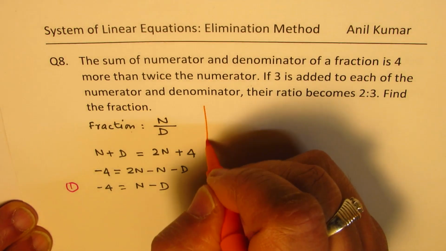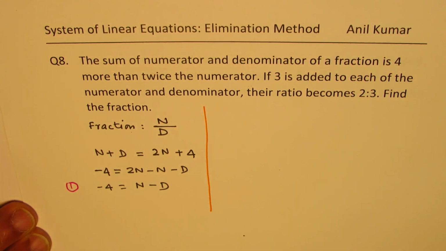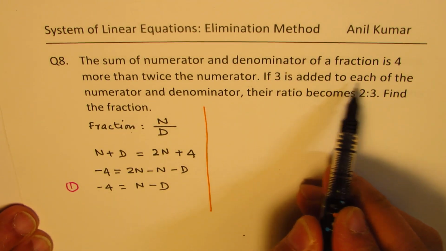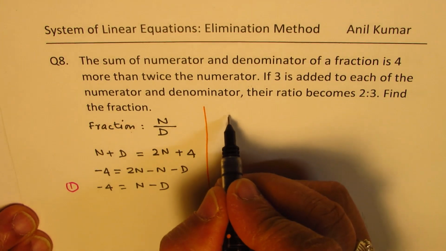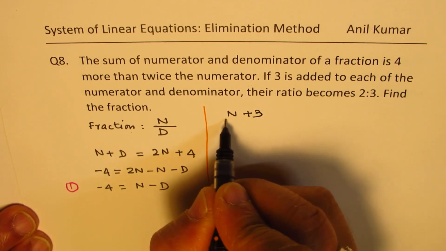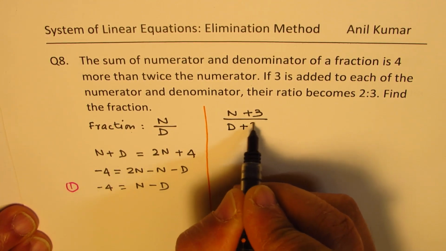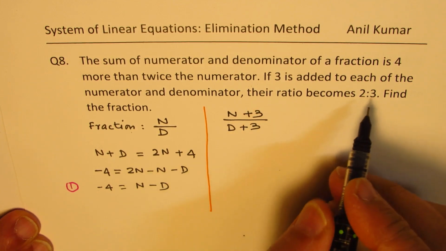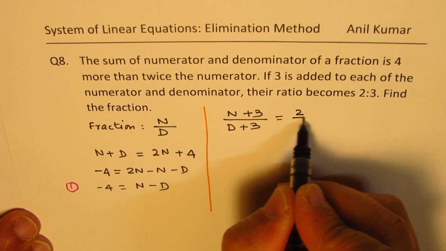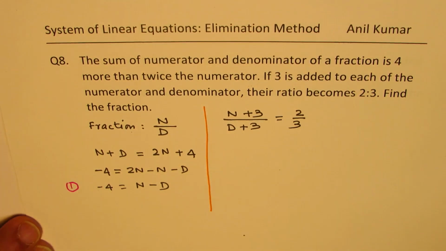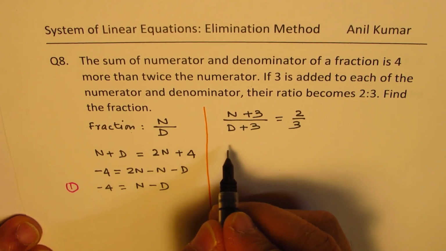Now let's look into the second condition and find the second equation. If 3 is added to each numerator and denominator, that means numerator plus 3, denominator plus 3, their ratio becomes 2:3. Clear? So we get our equation. Now we'll cross multiply and get the equation.